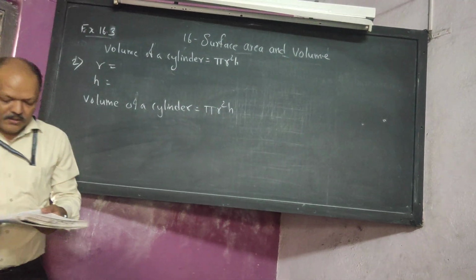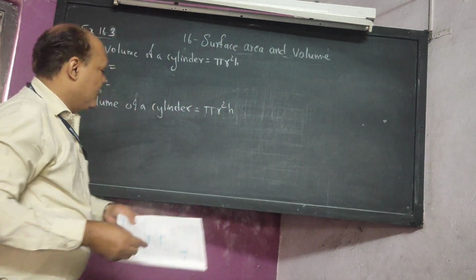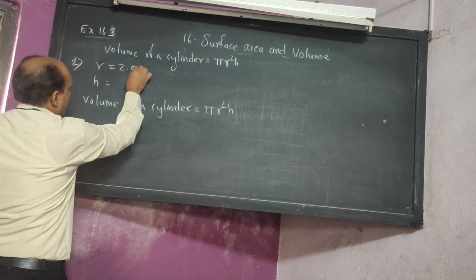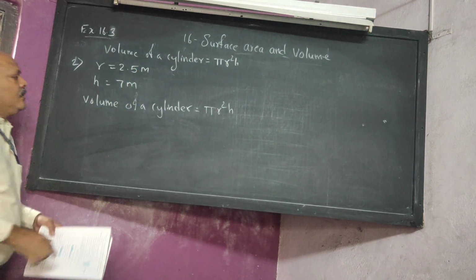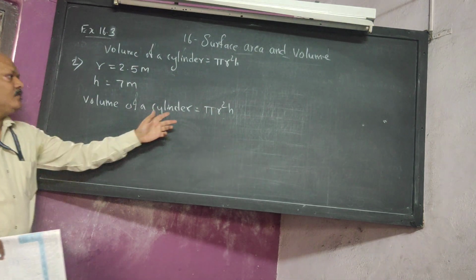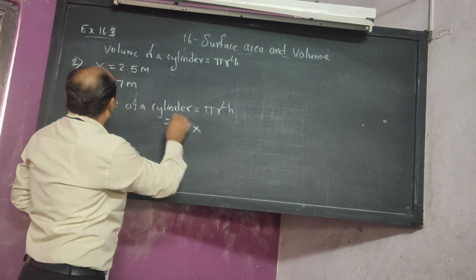Okay, second sum. The radius is given to you 2.5 meter and the height is given to you 7 meter. Volume of a cylinder is pi r square h, pi value 22 upon 7.